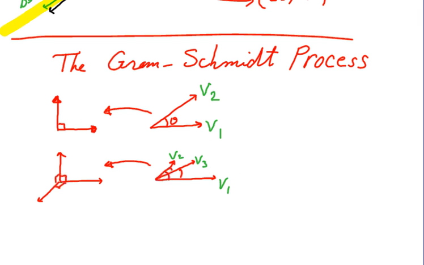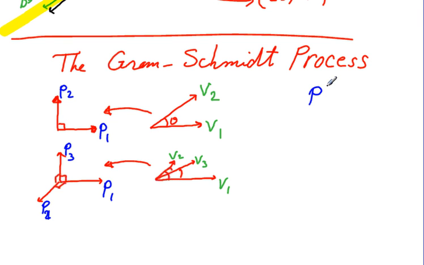And after we open them up, we are going to call them P1 and P2, or P1, P2, P3. So we're using P's to indicate the result of our process where things are perpendicular.